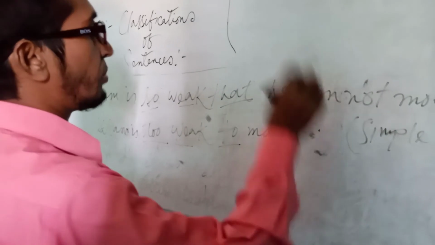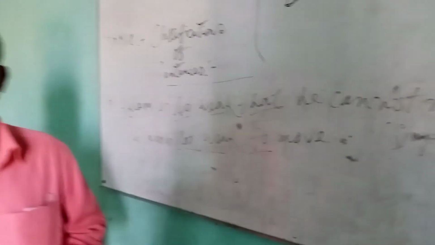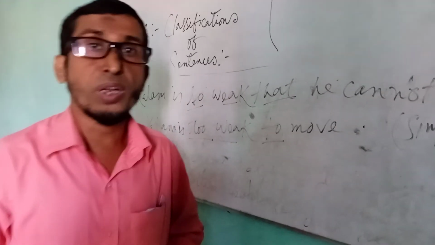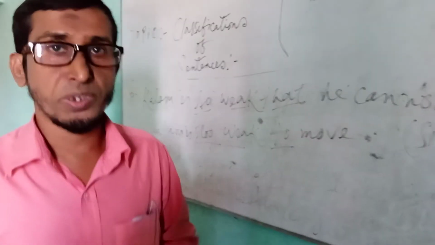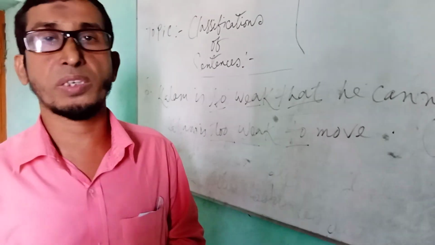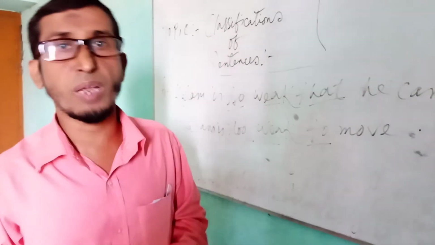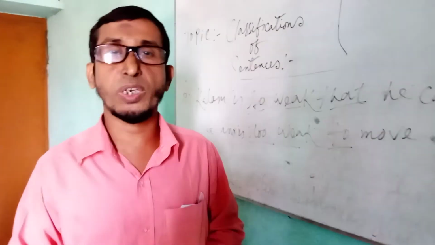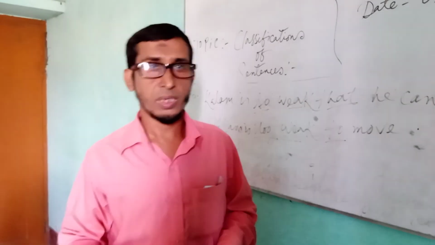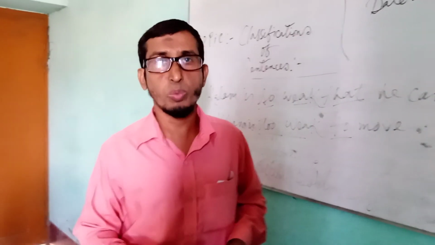Understand me? Similarly, "Rina is so dull that she cannot understand the mathematics." Simple: "Rina is too dull to understand the mathematics." More examples: "Kalam is so poor that he cannot help me." Simple: "Kalam is too poor to help me."